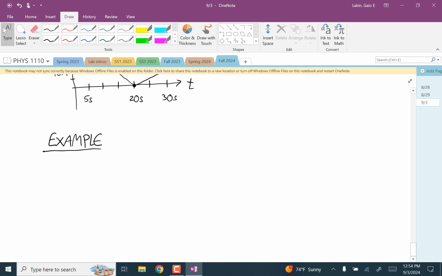Okay, so let's say a ball rolls along the floor from a distance of half a meter from the wall.